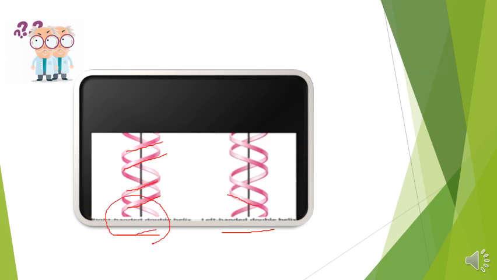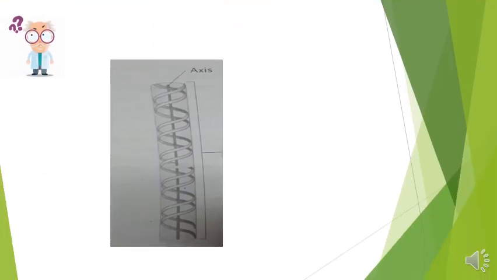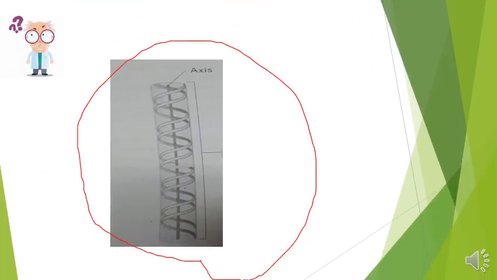But on this DNA our right thumb is pointing toward the left, so this is a left-handed double helix. And what about this? In your idea, right-handed or left-handed DNA? Yes, as you can see, this is pointing toward this direction, so this is right-handed DNA.